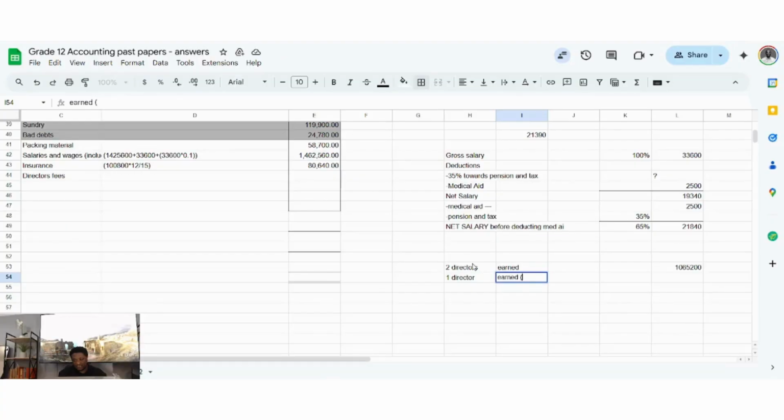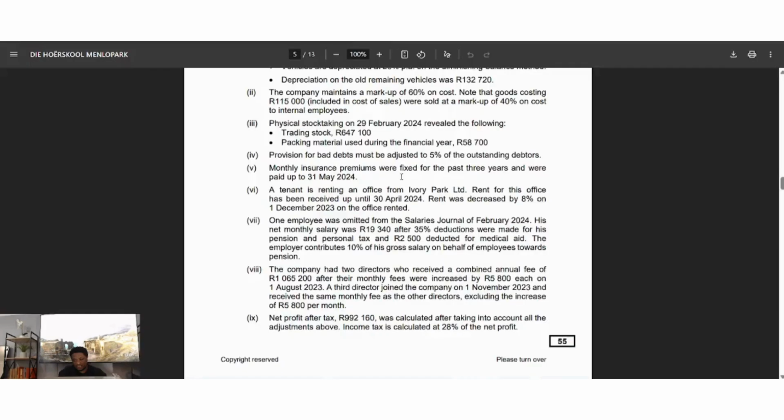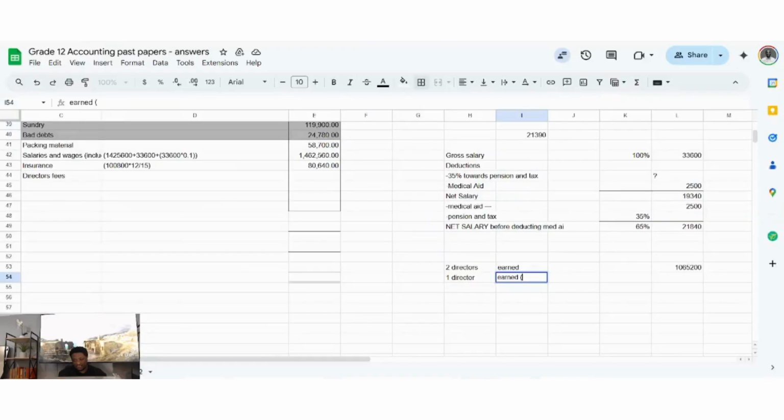The other director would have earned, I think it was from November. So they earned November, December, January, February. So they earned for 4 months in the current year, multiplied by their salary, and then we need to basically work out this salary.